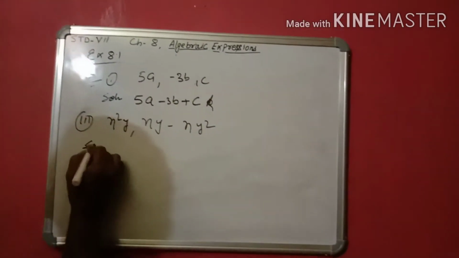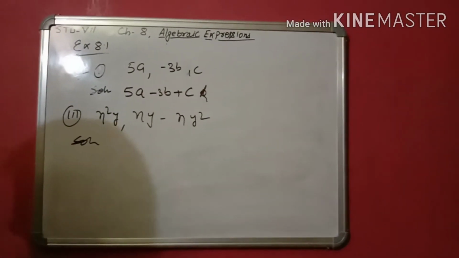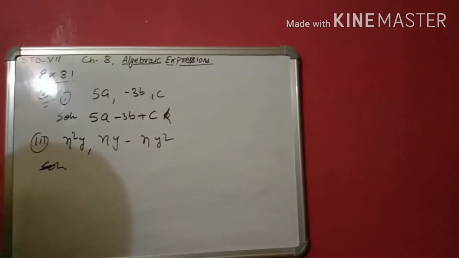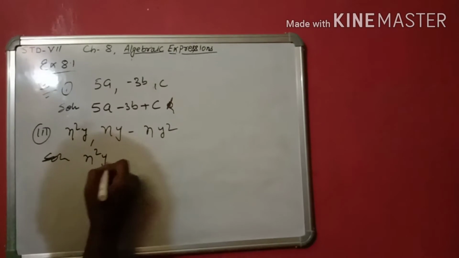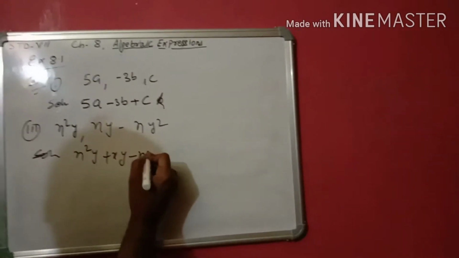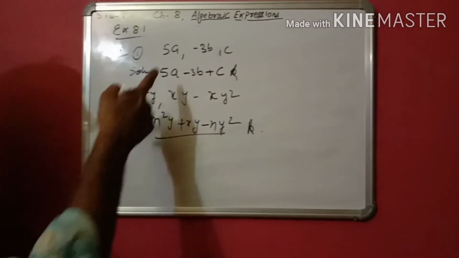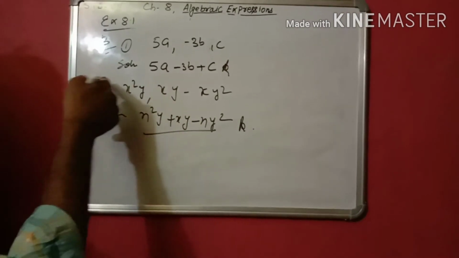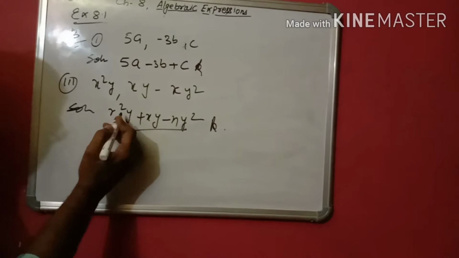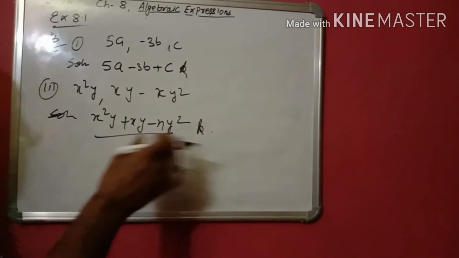Therefore the expression will be x square y plus xy minus x y square. This is our expression. Write down. We have to arrange this with x only, don't write n, this is x. So x square y, write down.